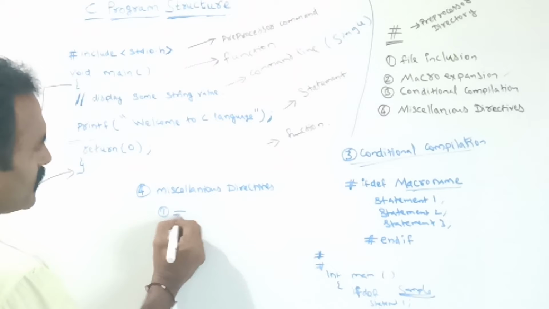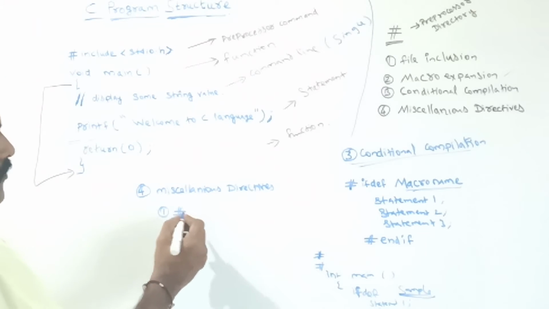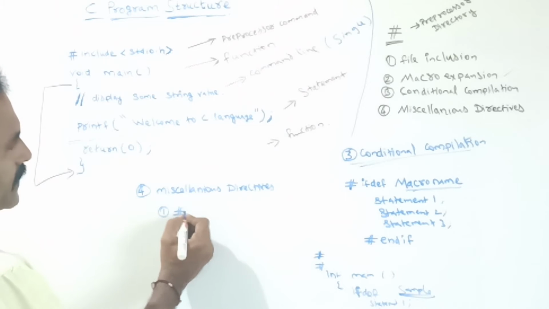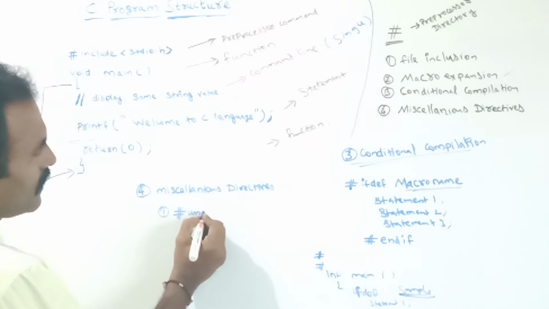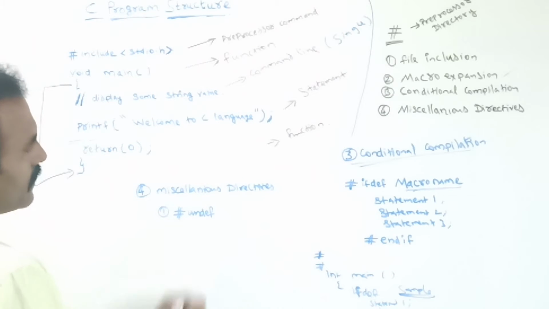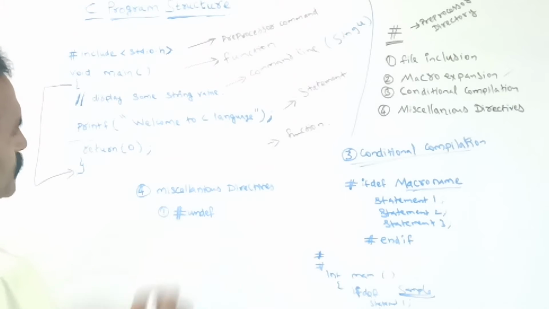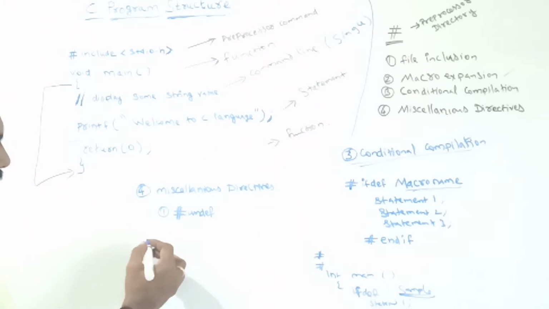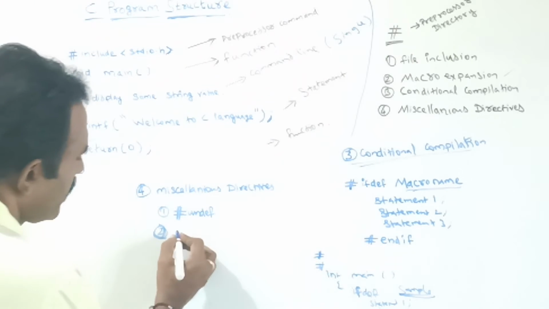The first one is the use of the preprocessor directive. Next, undef. This is one kind of miscellaneous directive. The second one, pragma.